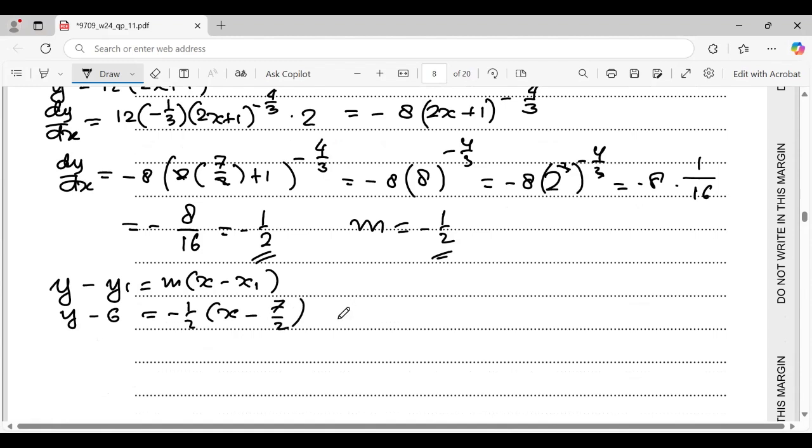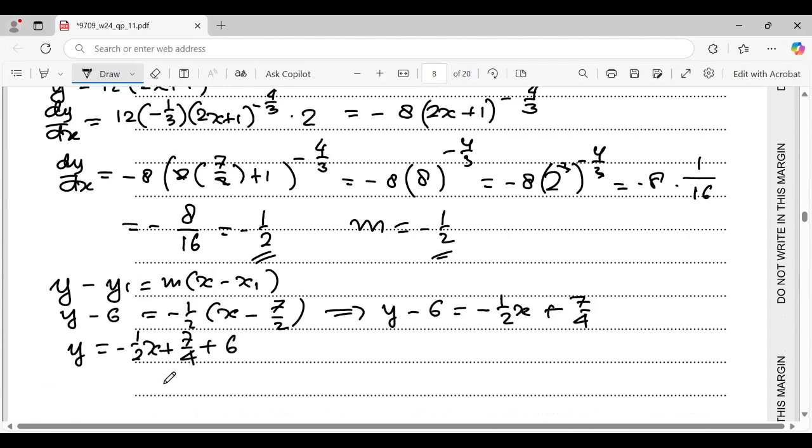After that, I would like to write it like this: y minus 6 equals minus 1 half x plus 7 quarter. And after that it becomes y equals minus 1 half x plus 7 quarter plus 6.